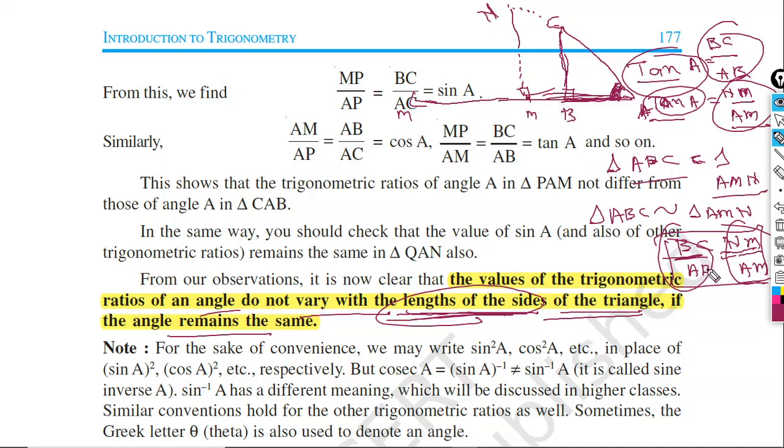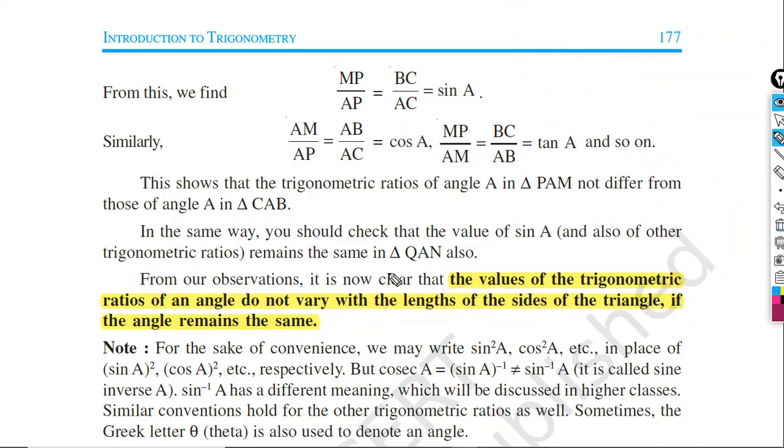Okay. So this is why it has been told the value of the trigonometric ratio of an angle does not vary with the length of the sides of a triangle if the angle remains the same. In that case angle A remained same and we had just extended the sides here to MN.